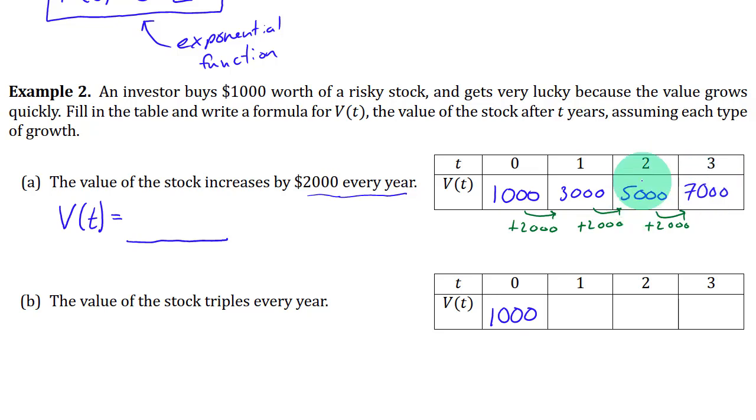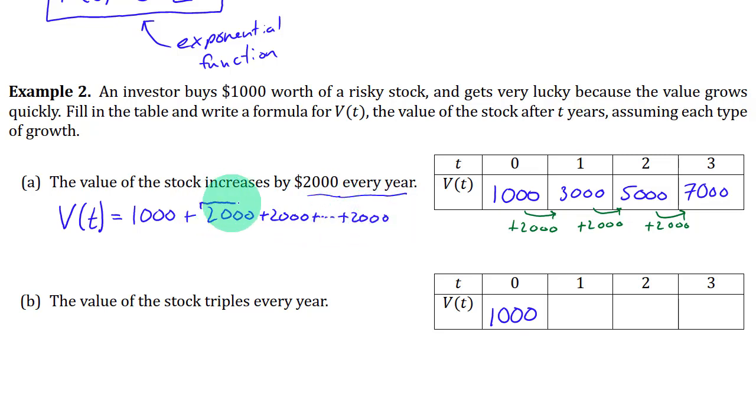So for example, after 2 years, we're going to say it starts at 1,000 plus 2,000 2 times. So I'm going to start by writing this as 1,000 plus 2,000 plus 2,000 plus some other copies of 2,000.